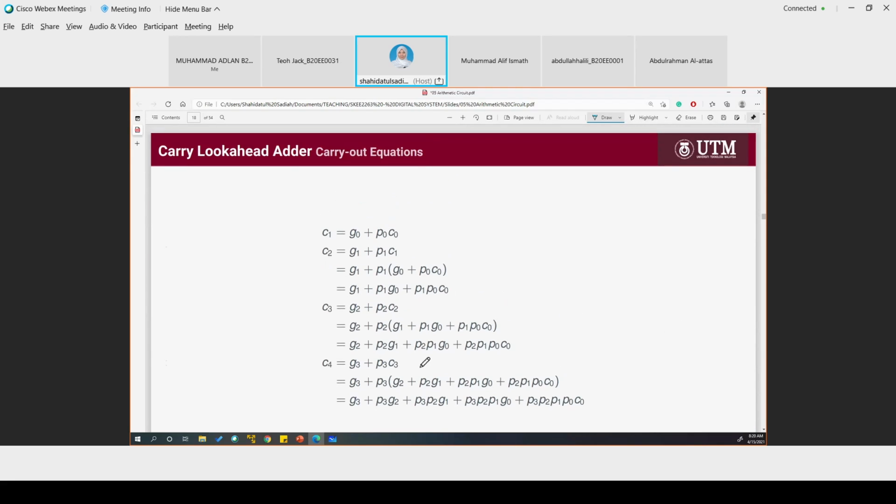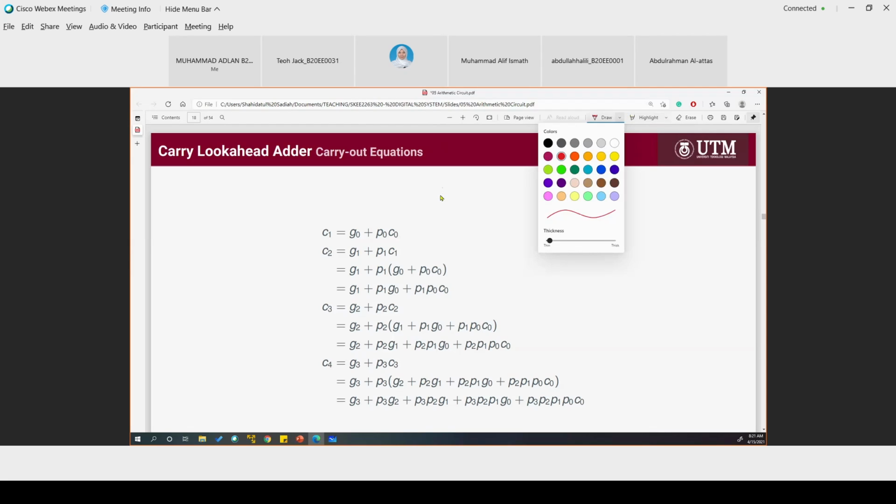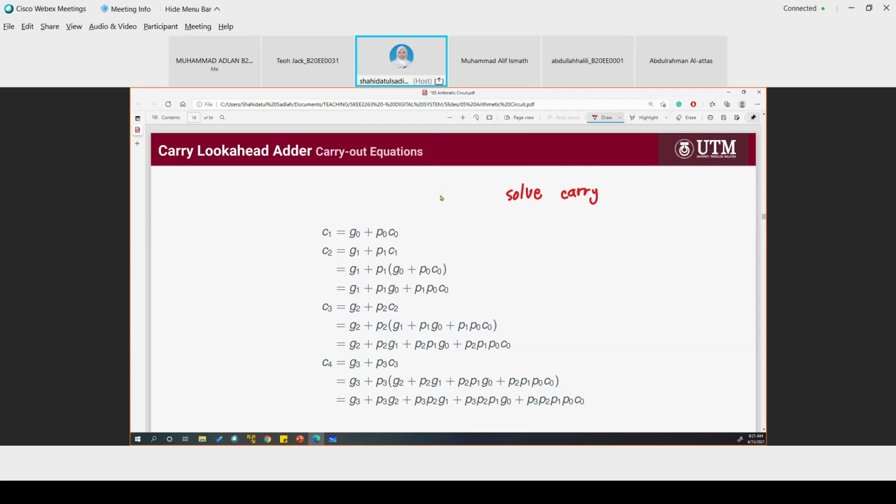We're going to improve this using a carry look ahead adder, where in the carry look ahead adder, we're going to solve the carry that is unknown at stage 0.